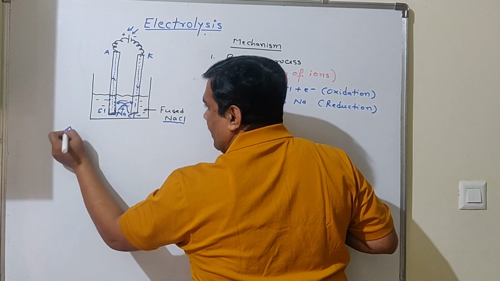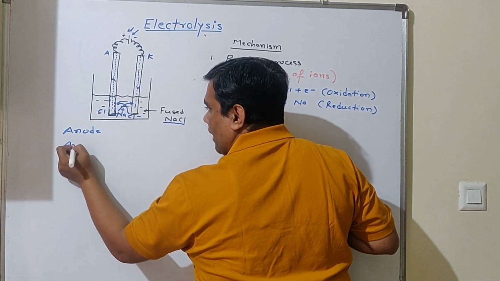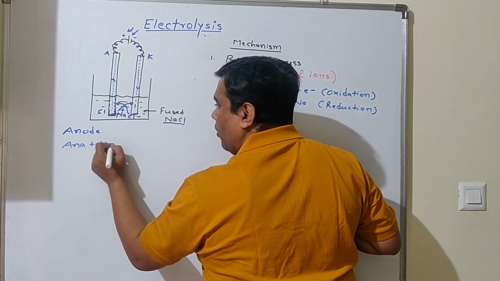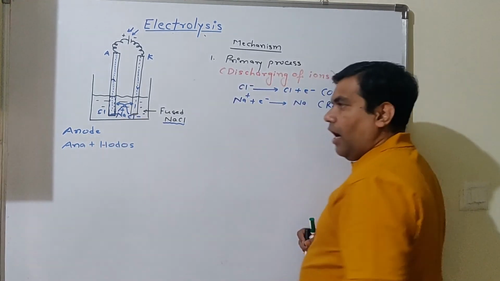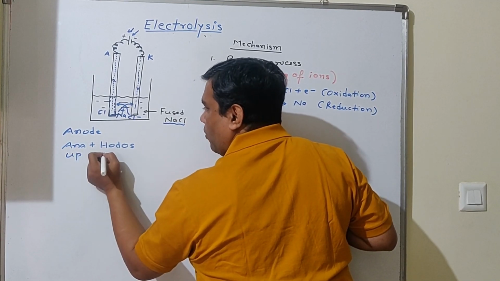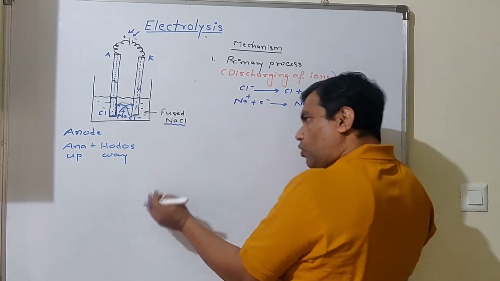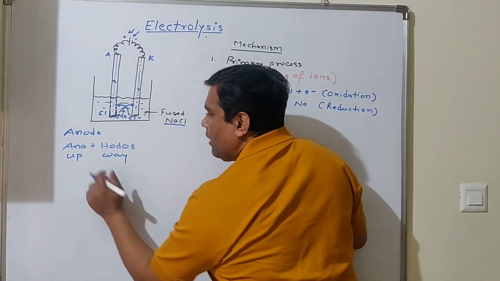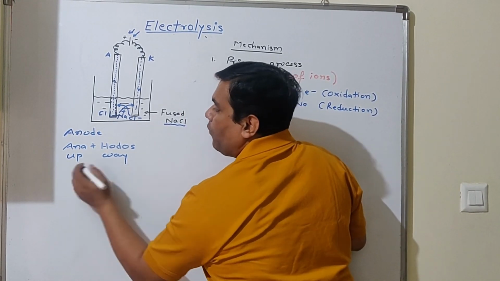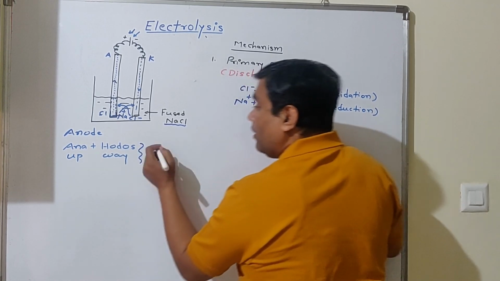Now in Latin, anode comes from ana plus hodos. And what is this ana plus hodos? Ana is up and hodos is way. So the electrode where the movement of the electron is in the upward direction is an anode. So we say, what is anode?